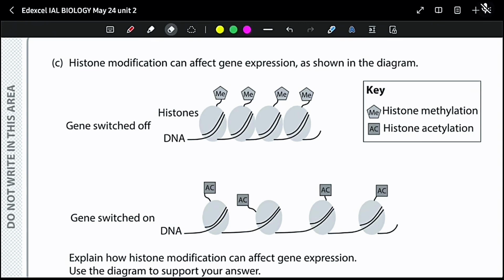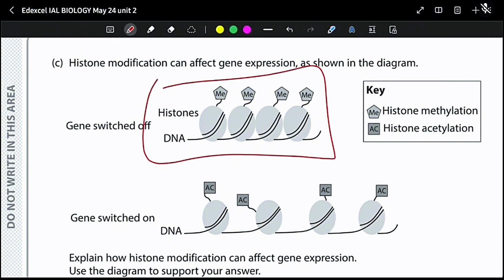So histone methylation involves the addition of a methyl group to the histone, typically on lysine or arginine, and this will cause the histones to pack more tightly together here. The histones are packed more tightly together, so they will make the DNA more condensed, which we know as heterochromatin.